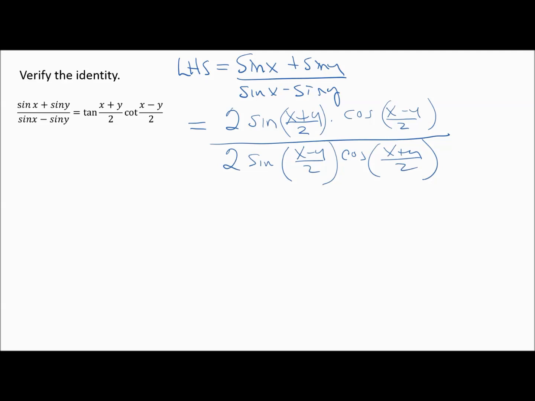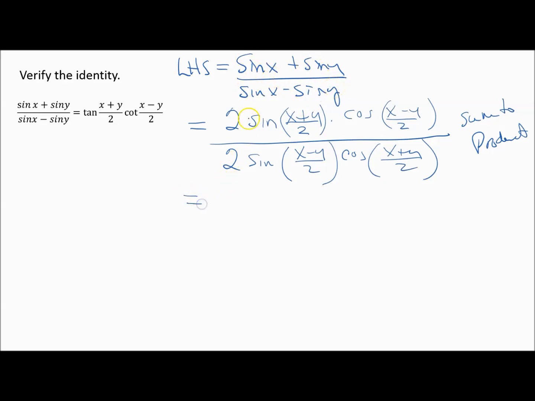Now, the 2's cancel. I think everybody's comfortable with that. By the way, we've got to write a description for this. This was sum to product, used twice, for the numerator and the denominator.